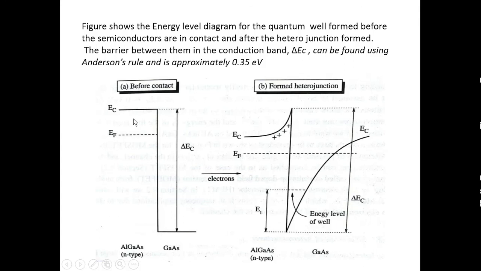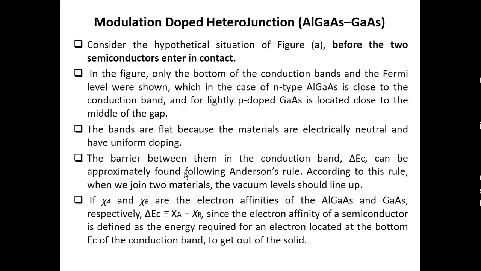For the aluminum gallium arsenide, the conduction band is very close to the Fermi level, and for gallium arsenide, the Fermi level is nearly in the middle of the gap, isn't it?